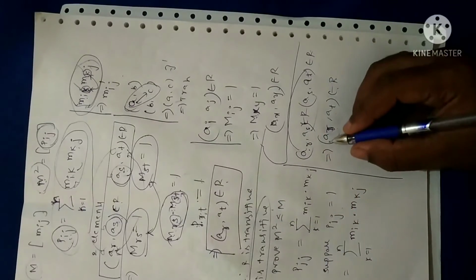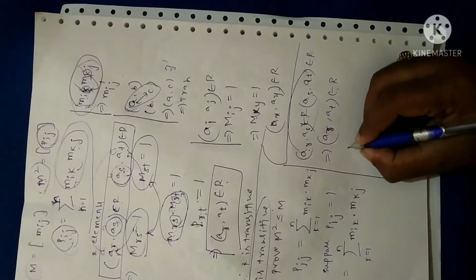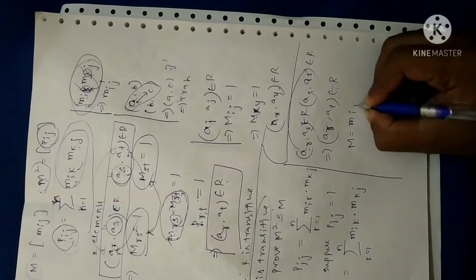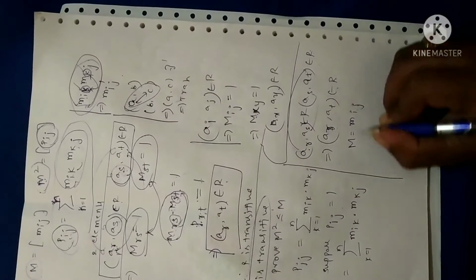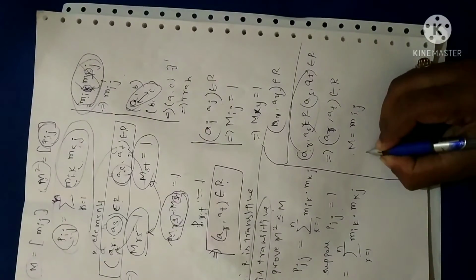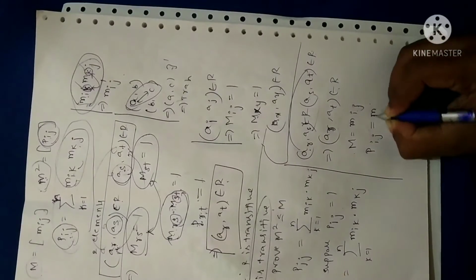Clear? Now, if this is the case, let me take the matrix elements as Mij. Mij is the elements of matrix M, whereas Pij is the elements of matrix M square.